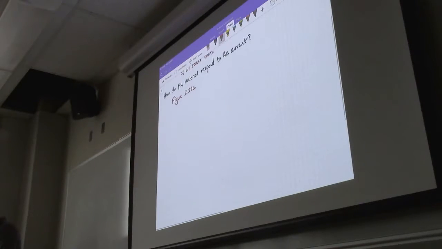All right, so the y-axis will be, so this is B, the flux density. Our x-axis will be the magnetizing force.